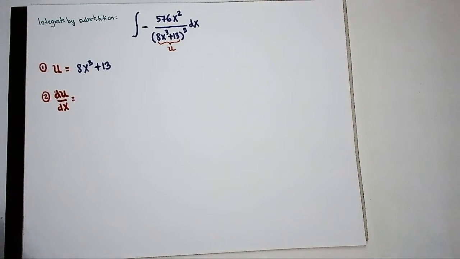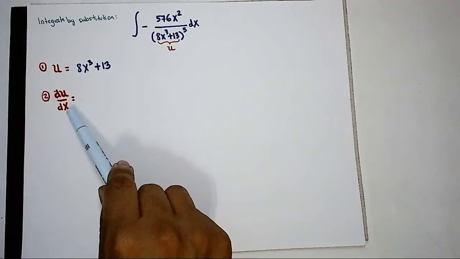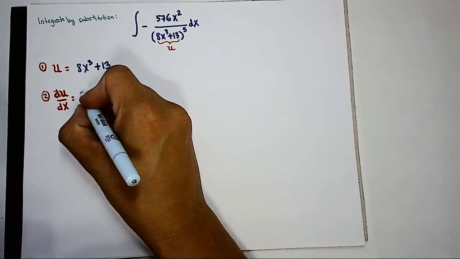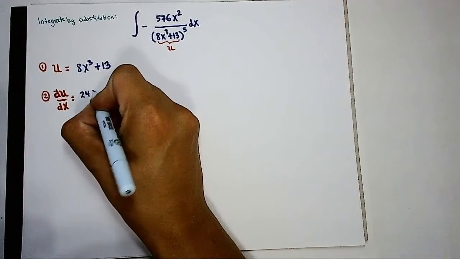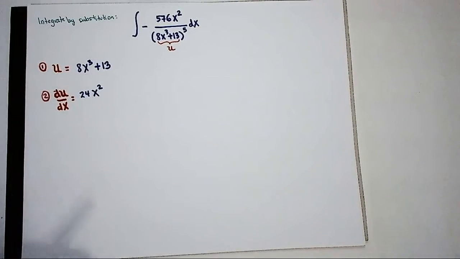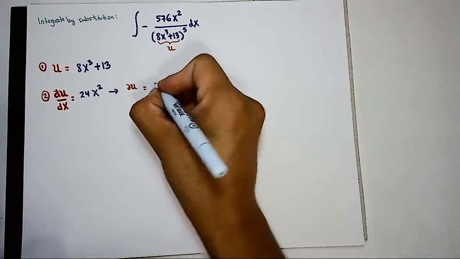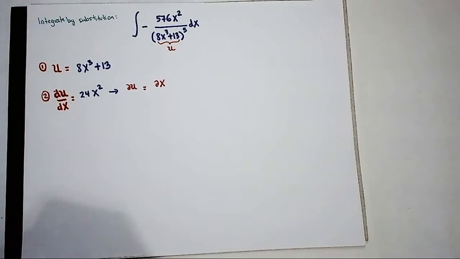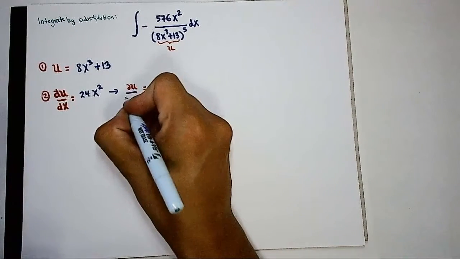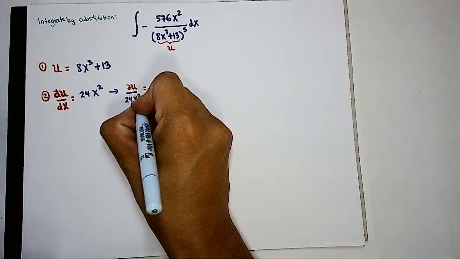Then let's take the derivative with respect to x. So the derivative of u with respect to x is 24x squared, which means that dx is du divided by 24x squared.